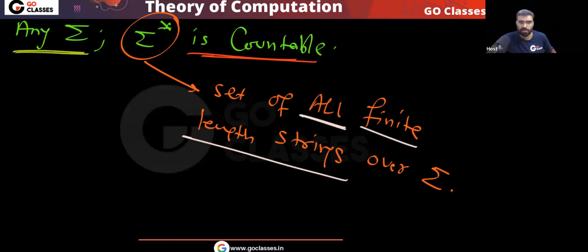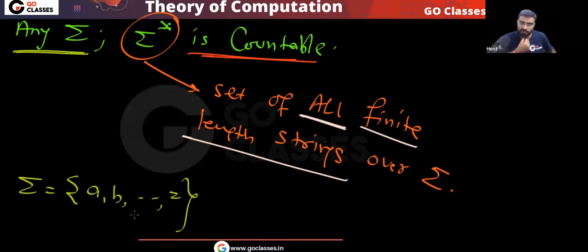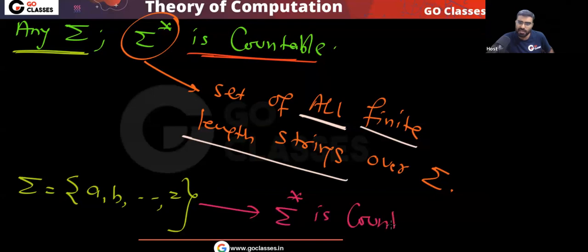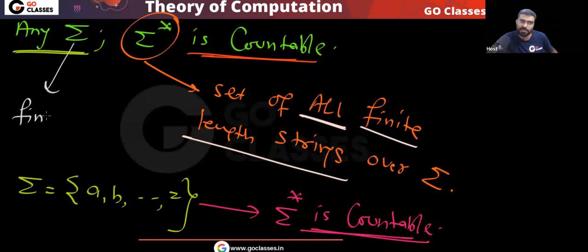Whatever sigma you have, for example, sigma can be a to z, then also sigma star is countable. Of course, sigma must be finite, by definition non-empty and finite. So whatever sigma you take, sigma star is countable.